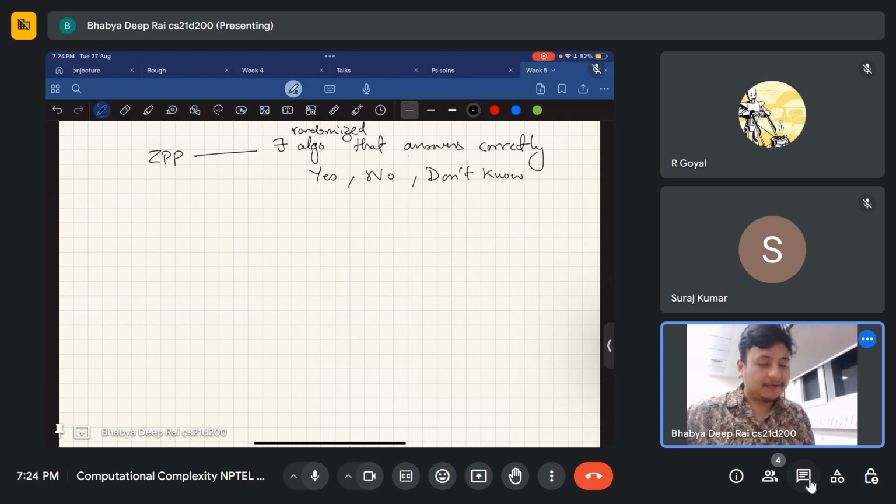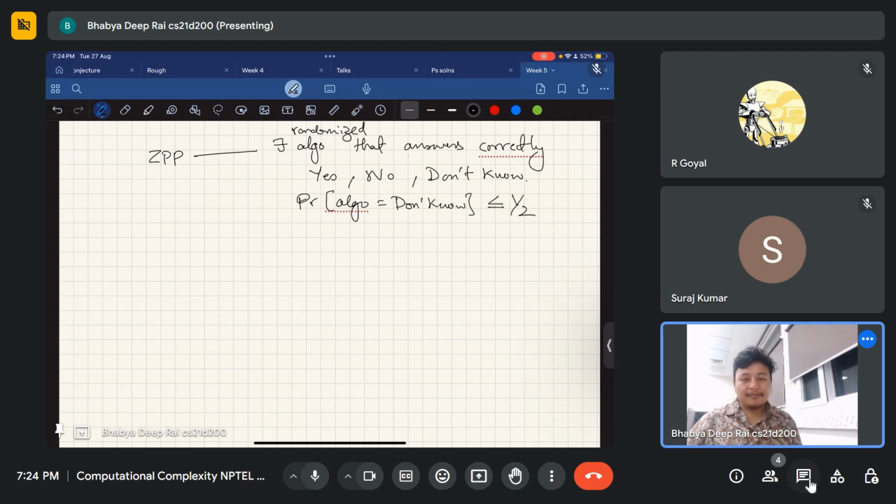It could say any of these three things, and of course it may be that the algorithm will always say don't know, which would be very bad for us. But the good thing is that the number of times it says don't know is low. The probability that this algorithm says don't know on any input is less than half. The rest of the times it will say yes or no, and it will say so without any error.